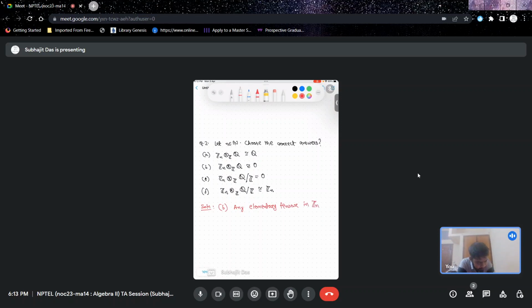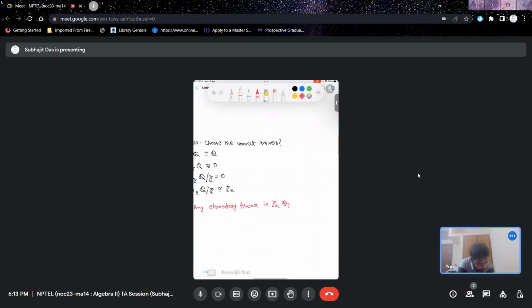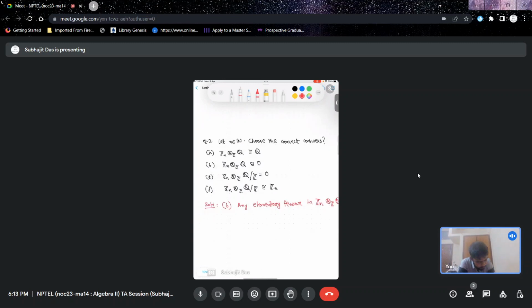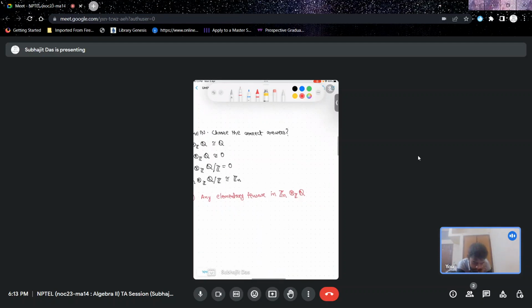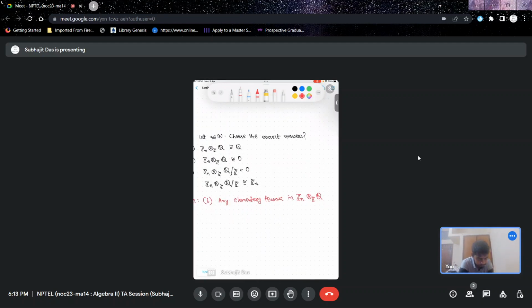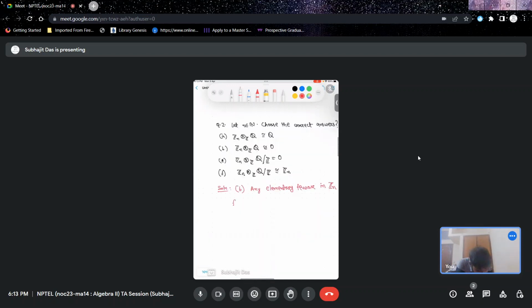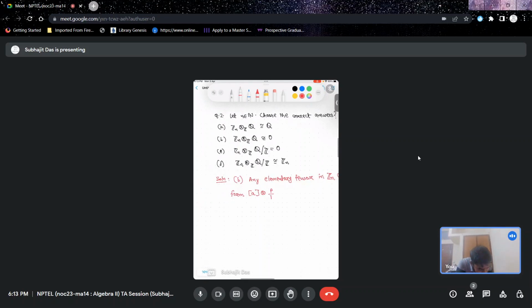So any elementary tensor in this tensor product module is of the form some element of Zn, let's call it box A, tensored with some element of Q, let's take P over Q, right?